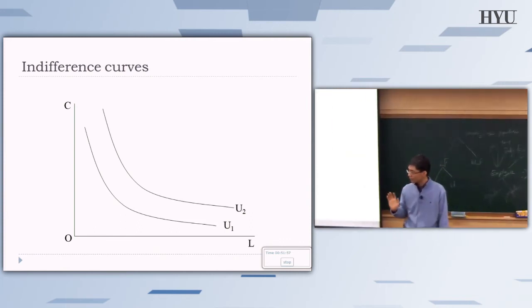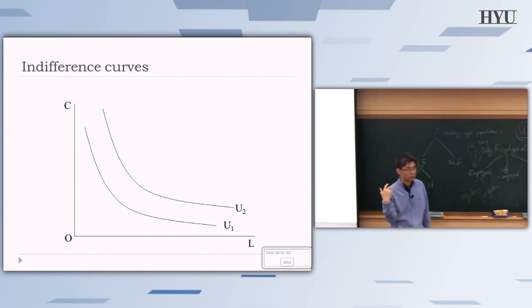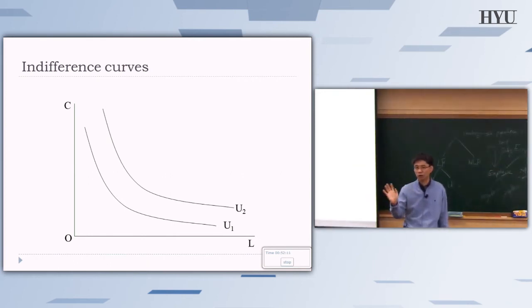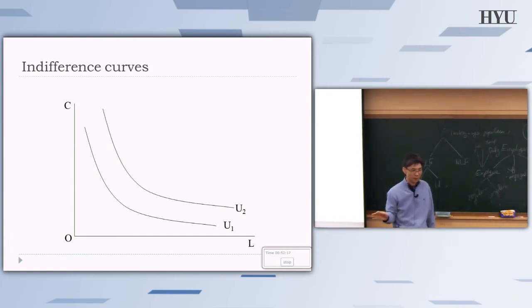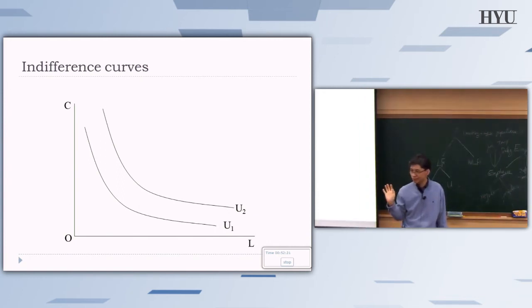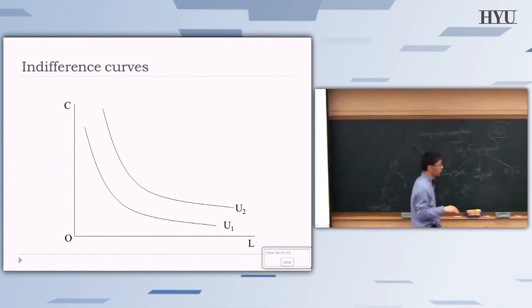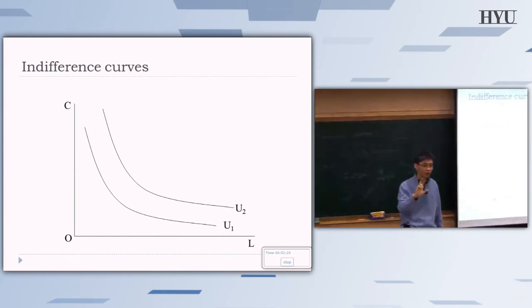I use these interchangeably: increased leisure or working less mean the same thing. Decreased leisure or working longer, basically the same thing. Got that? You should quickly become familiar with this, just swapping work and leisure.